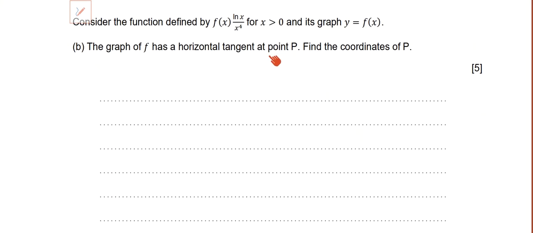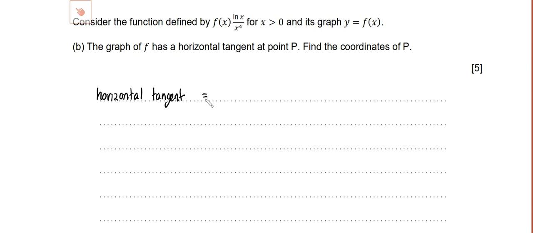Consider the function natural log of x divided by x to the power of 4, which is what we just started with. The graph of f has a horizontal tangent at point P. So that's a fancy way of telling you something without telling you something. What am I supposed to take from the words horizontal tangent?